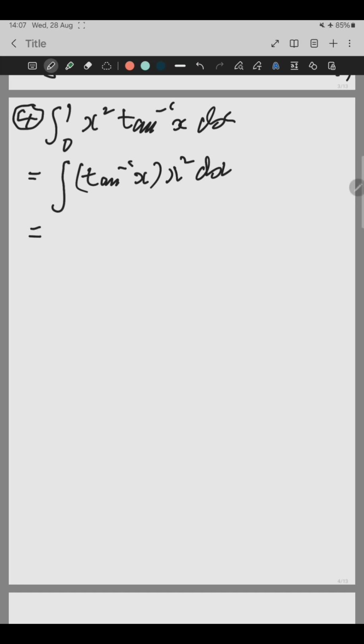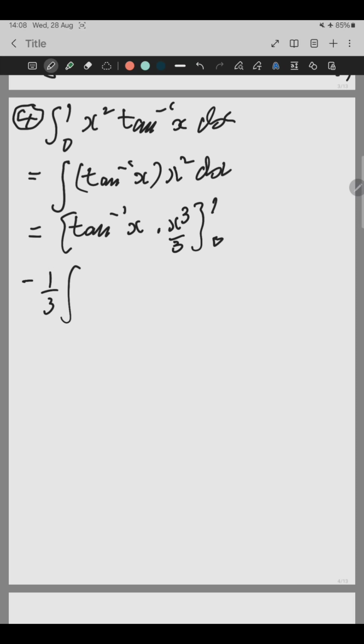use integration by parts. That's tan inverse x times the integral of the second, which is x cubed upon 3, between the limits 1 and 0, minus 1/3, and the differential of the first, which is 1 over 1 plus x squared, times the integral of the second, which is x cubed upon 3, so that becomes x cubed over 1 plus x squared dx.